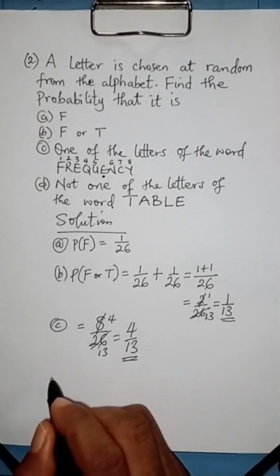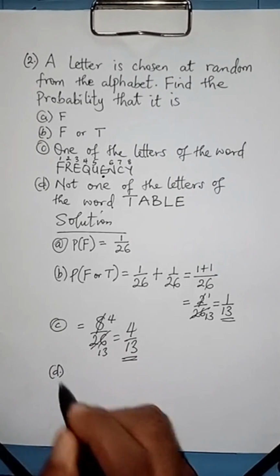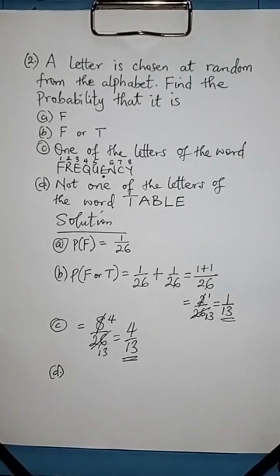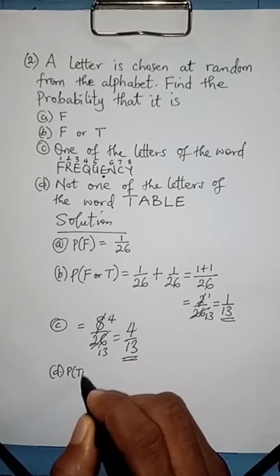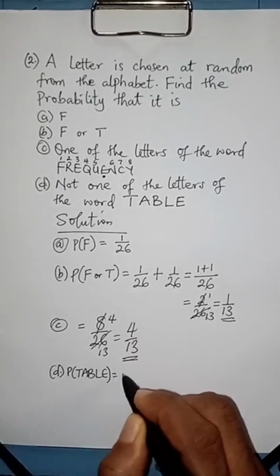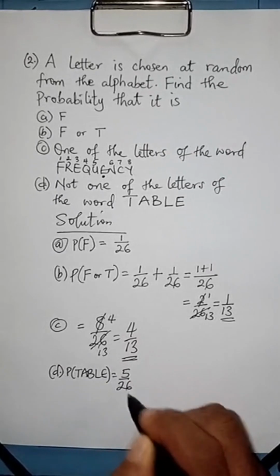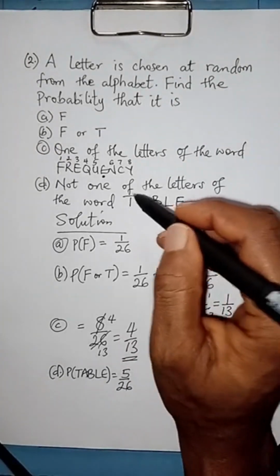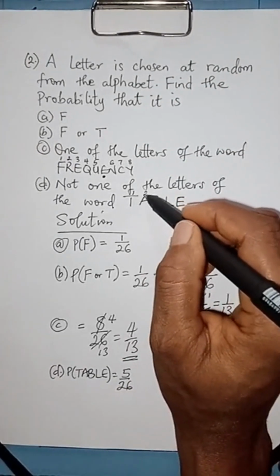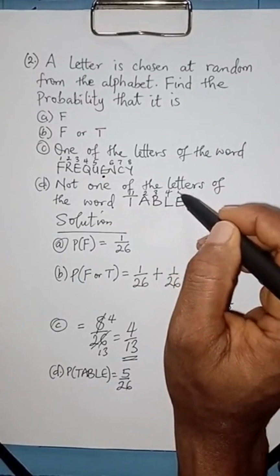Now let's go to the last part of that question, which is D. D says not one of the letters of the word table. The first thing we do is find the probability that it is one of the letters of the word table. That is 5 out of 26. The reason it's 5 is that there are 5 letters that make up table: 1, 2, 3, 4, 5.